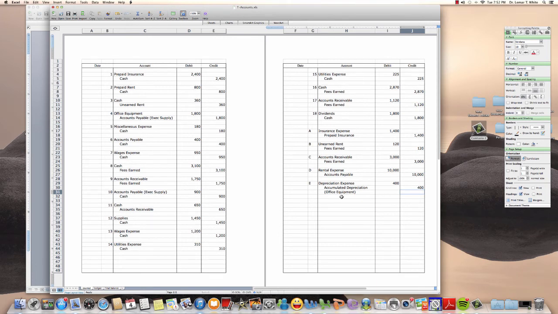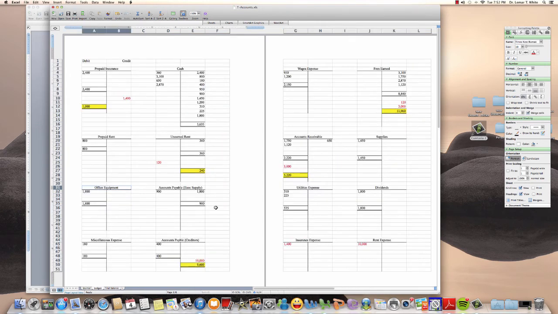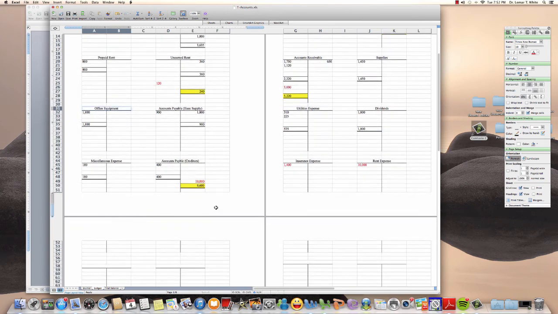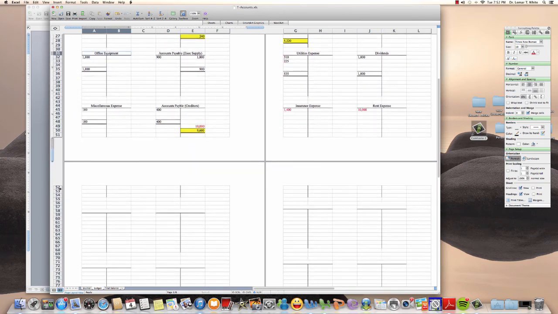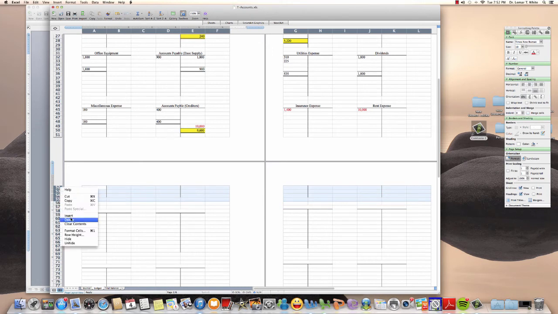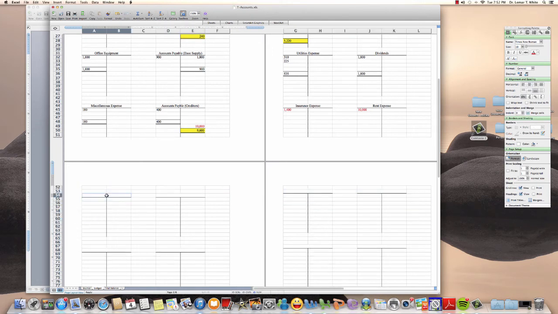So whatever I do in my journal, I need to do in my ledger. So I go over to my ledger. I do not have those two accounts. So what am I going to do? I am going to create them. So I'm going to create my depreciation expense account, and I made a debit of $400.